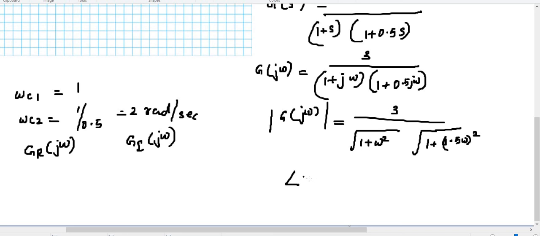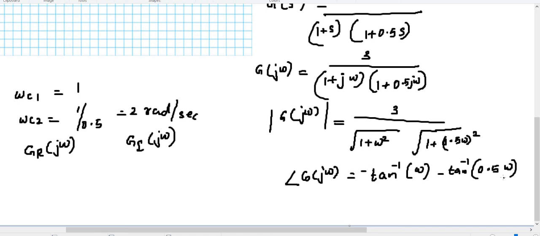And the phase angle of G(j omega) will be minus tan inverse omega minus tan inverse 0.5 omega. In Bode plot we find the magnitude and phase angle in polar form and then plot the Bode plot. But in polar plot, if we are drawing it on an ordinary graph sheet, we have to find out only the real and imaginary parts of the sinusoidal transfer function.